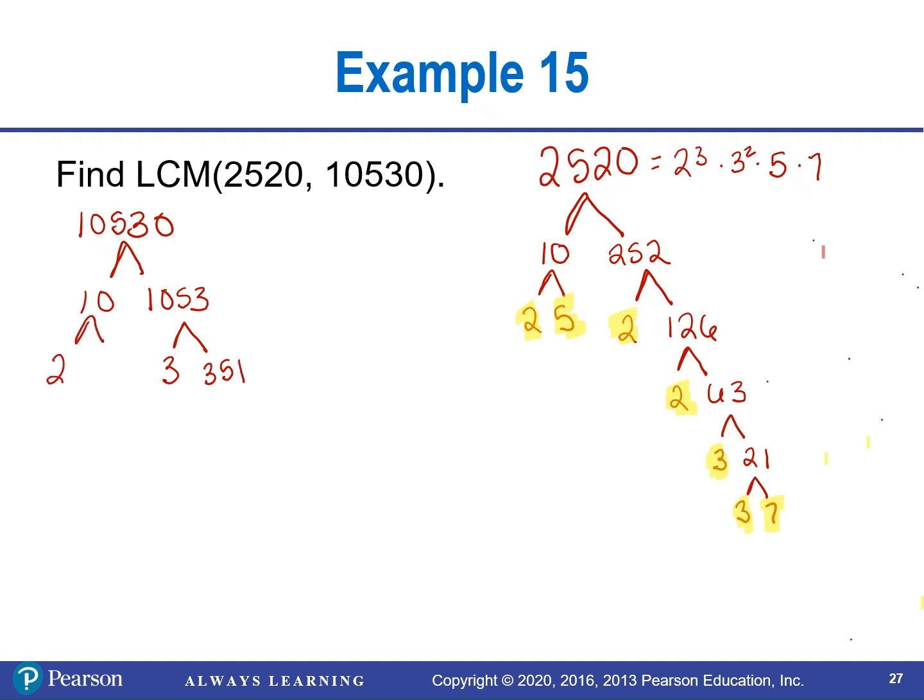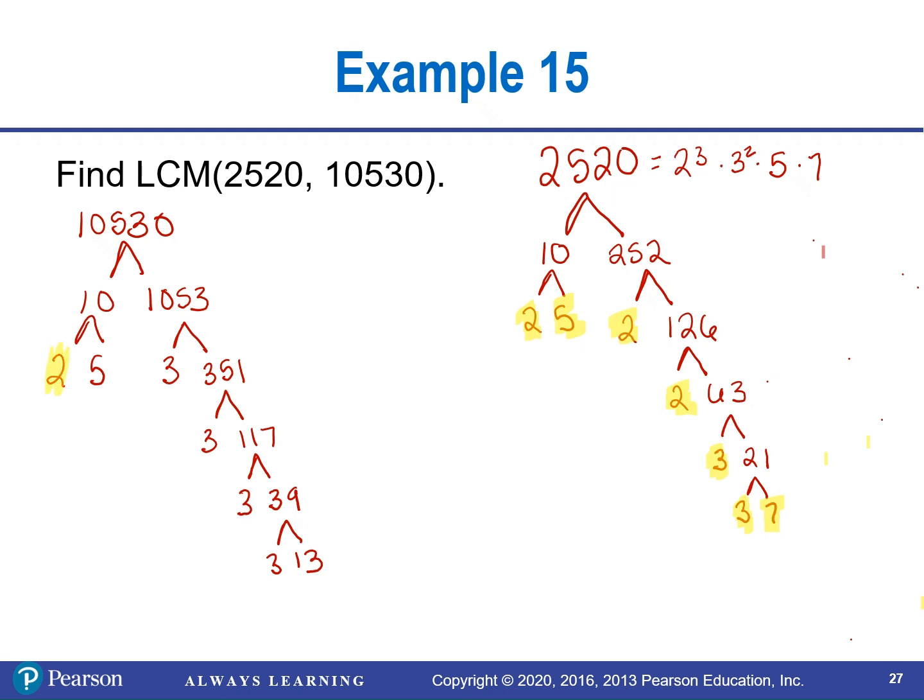And 10 is 2 and 5. 351 is also divisible by 3. 3 and 117. 117 is divisible by 3. It's 3 and 39. 39 is divisible by 3. It's 3 and 13. And now all of the branches of our trees end in prime numbers.